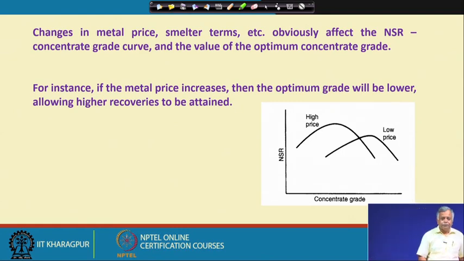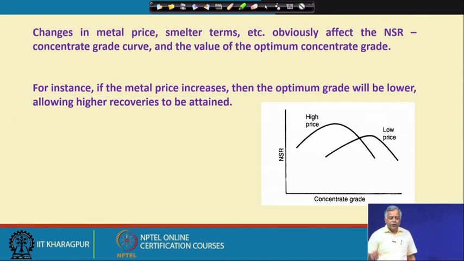This is the guiding tool for any mineral processor, that is, what should be my optimum recovery, what should be my optimum grade, that is dictated by the present market prices of that particular metal.